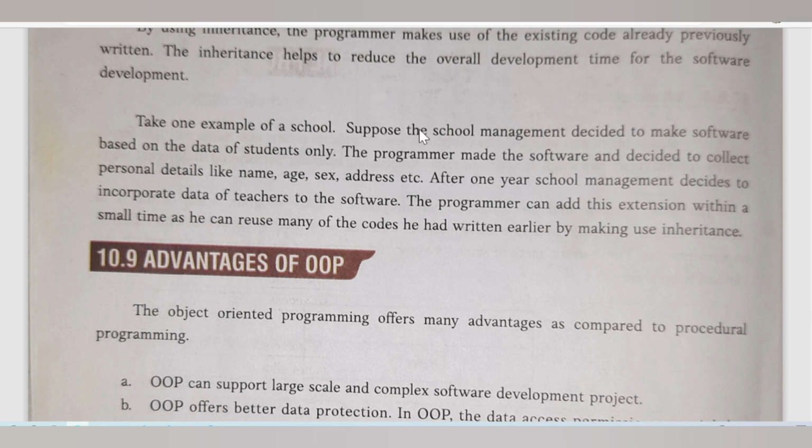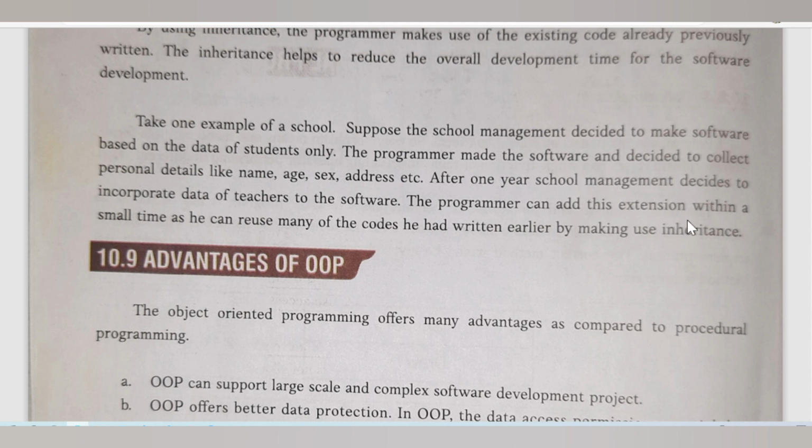The example of inheritance is a school. Suppose a school management decides to make software based on the data of students only. The programmer makes the software and decides to collect personal details like name, age, sex, address, etc. After 1 year, school management decides to incorporate the data of teachers into the software.